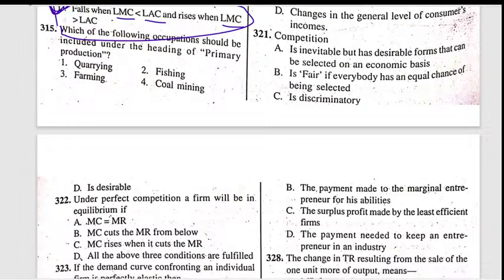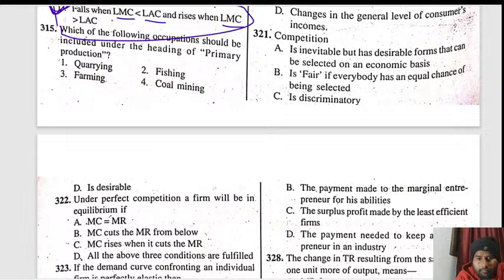Moving ahead to the next question, question number 315. Which of the following occupations should be included under the heading of primary production?